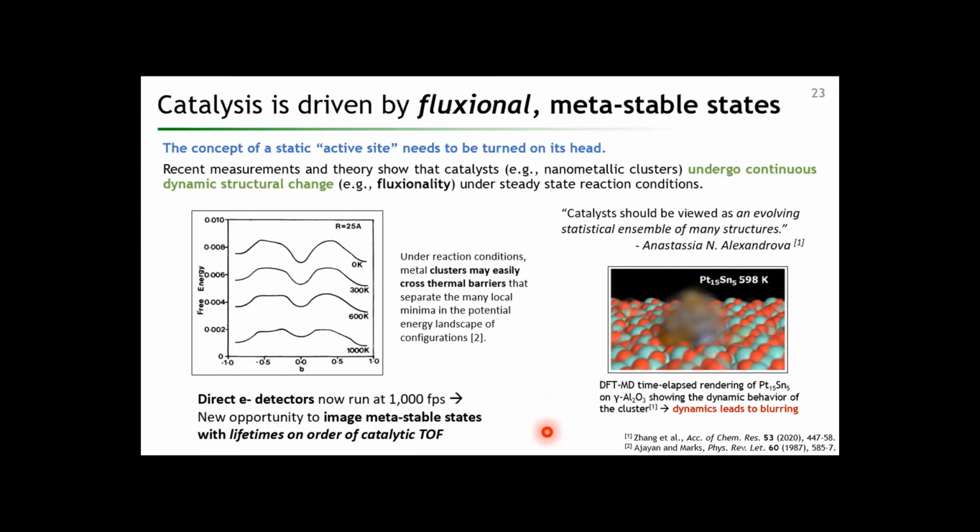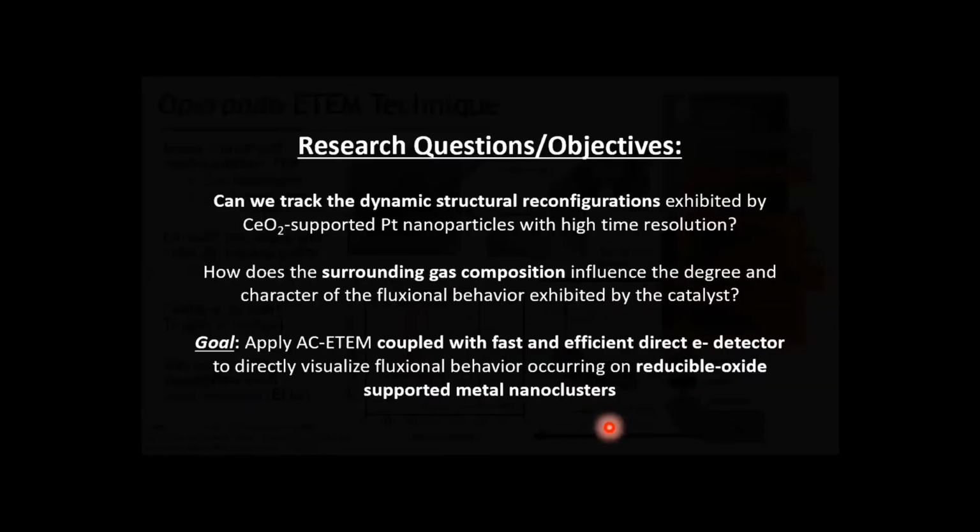This is a really exciting opportunity, and I'm going to talk a little bit about how we've applied this to platinum on ceria catalysts. I'll just mention that there is theoretical work being developed in this field, but there's not a lot of experimental observation, and so we're trying to bridge that gap, so to speak. A couple of motivating questions for this part of the project: can we track these dynamic structural reconfigurations?